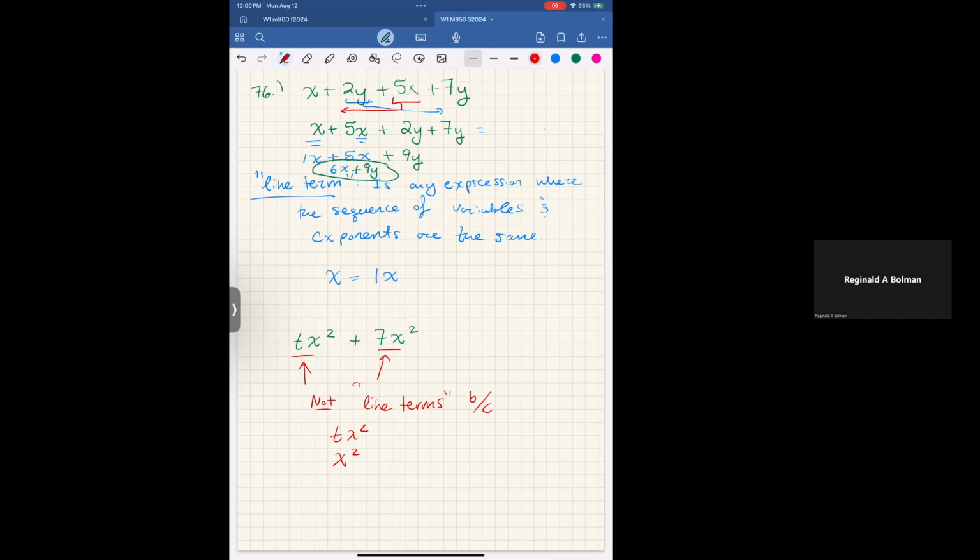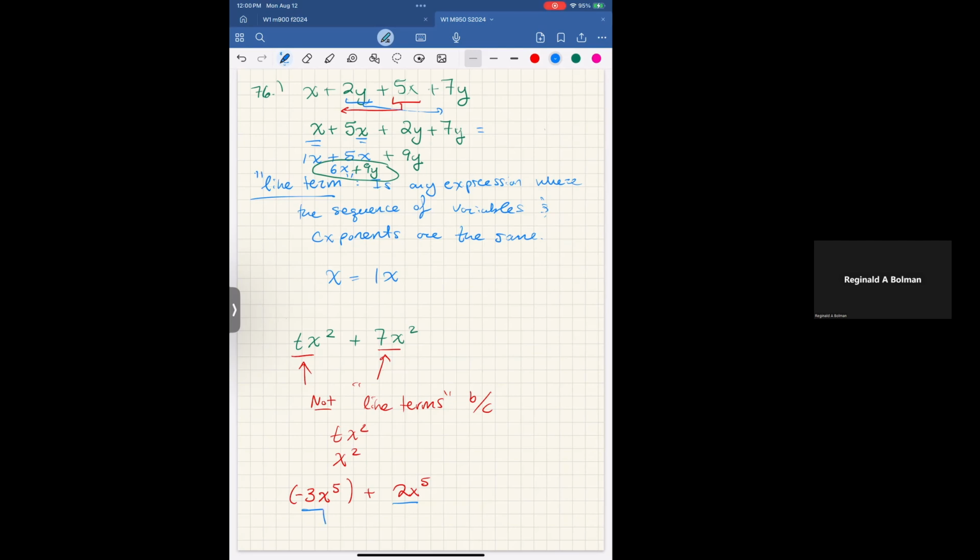Okay, but you could have something like negative 3x to the fifth and positive 2x to the fifth. Now, these would be like terms, okay? Technically speaking, yes, one is negative, the other is positive.